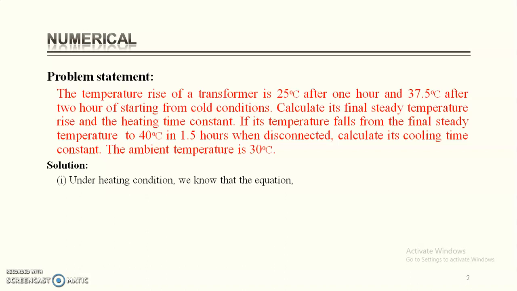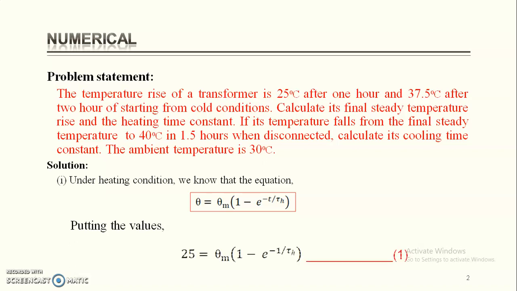Firstly, under the heating condition, in the last lecture we saw the equation of heating as theta equals theta m into 1 minus e raised to minus t upon tau h. Just putting the given values, 25 degrees Celsius for 1 hour and 37.5 degrees Celsius for 2 hours, we will get two separate equations.